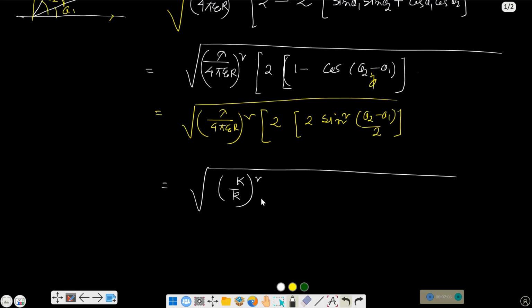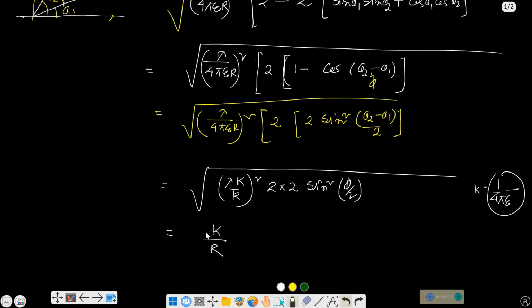K means lambda by 4 pi epsilon naught, and this is 2 into 2 sine square phi by 2. Phi is the angle subtended by the arc at its center. So from this k square by r square, we will be left with k by r, where k is equal to 1 by 4 pi epsilon naught.